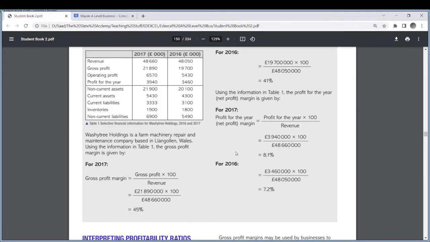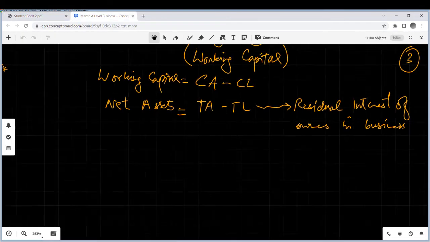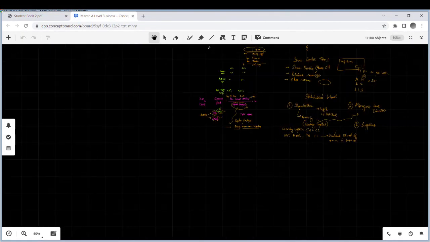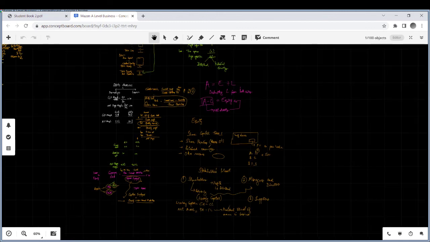Total assets were equal to 21,900 plus 5430. You have to calculate total equity. Okay, so you have got equity and you have got non-current liabilities as well, right? Equity is how much? Equity is 17,097.